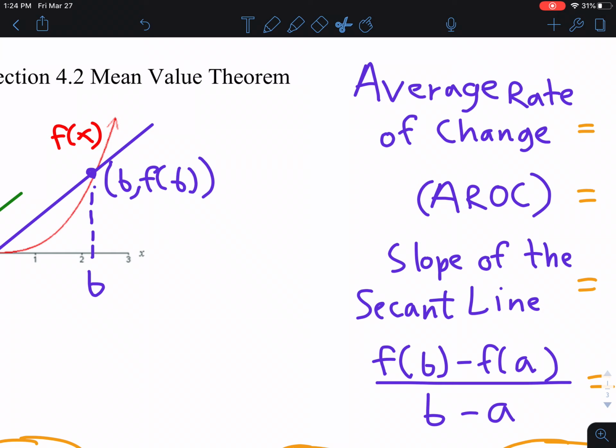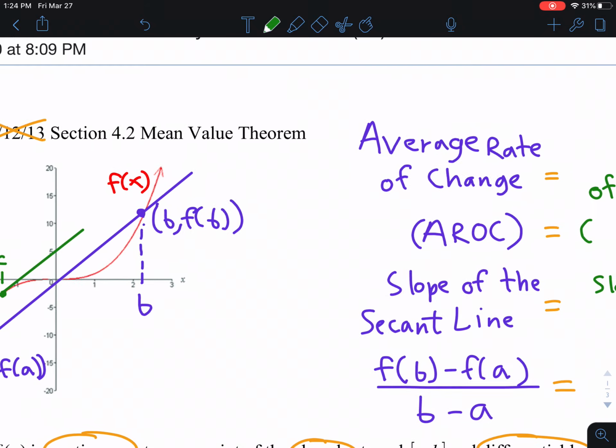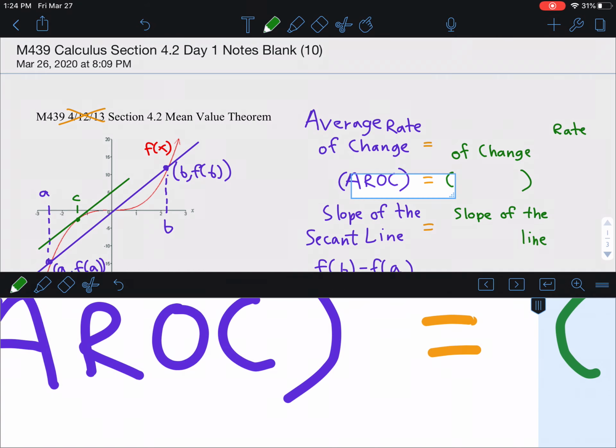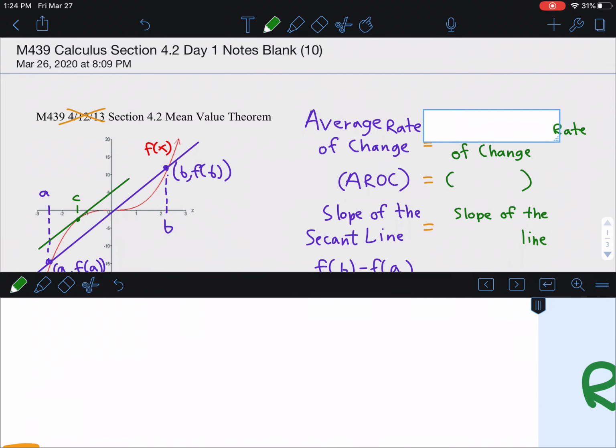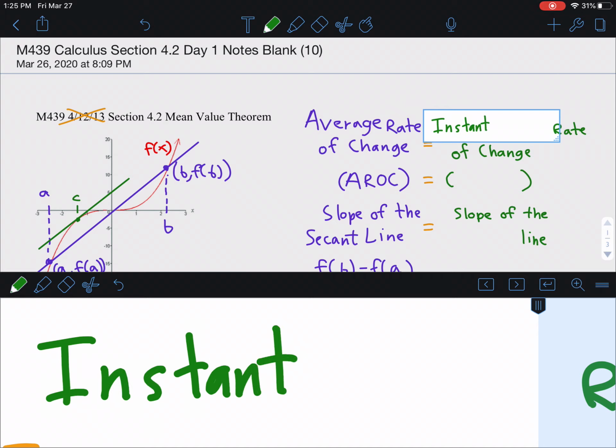What the mean value theorem says is that all of these things are equal. There is some point C in between A and B where the average rate of change is going to be the same as my instantaneous rate of change.